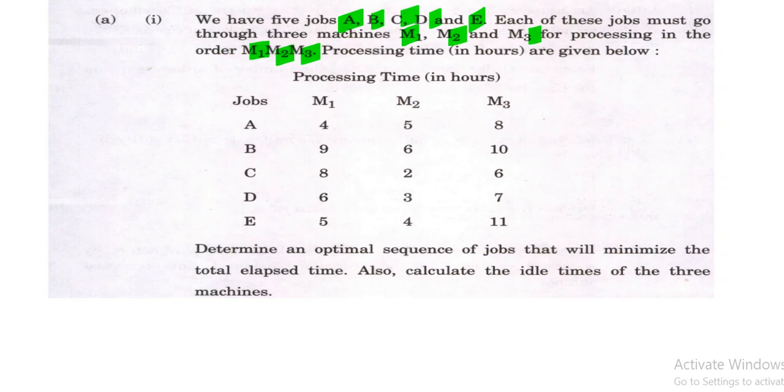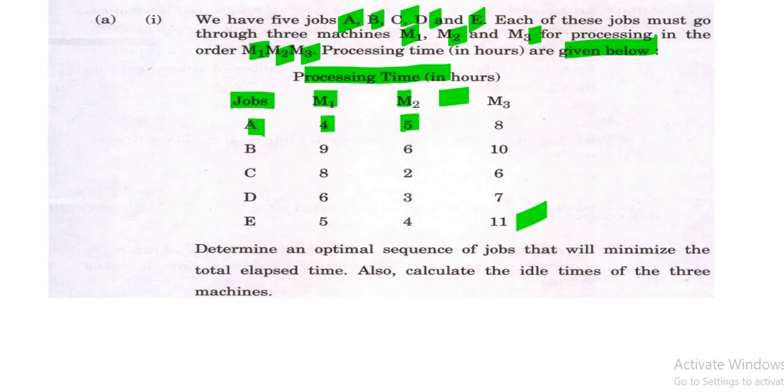The processing times in hours are given below. Determine the optimal sequence of the jobs that will minimize total elapsed time and also calculate the idle times of the 3 machines. So how can I solve this?